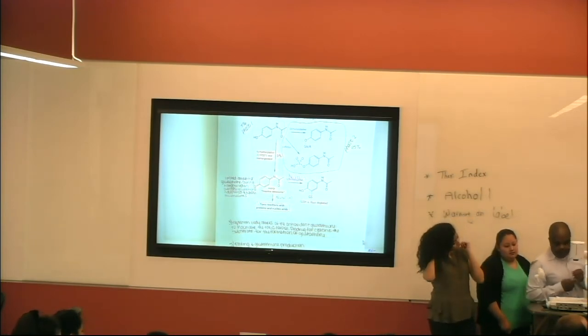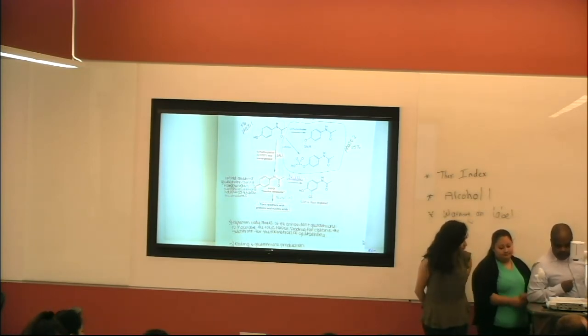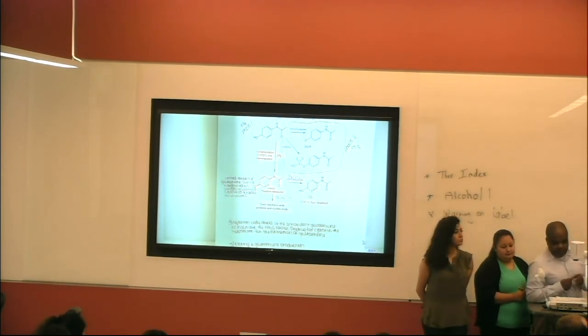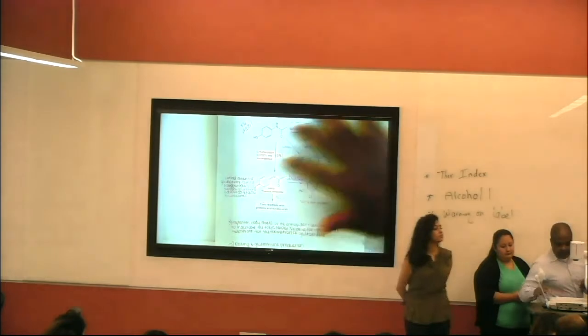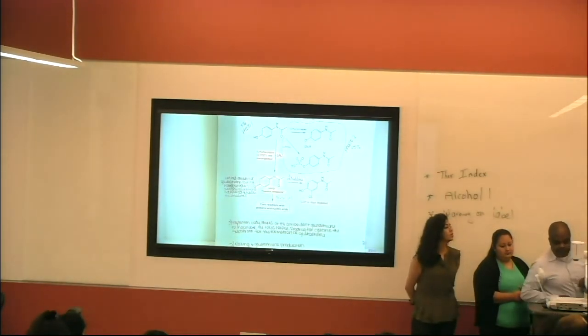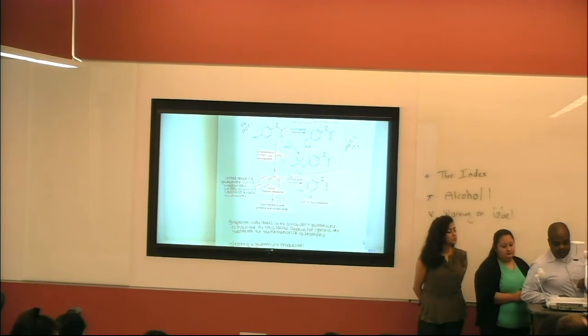So normally, phase 2 is the glucuronidation. That is a normal thing that happens when you take Tylenol, about 95% of the time, every single time.